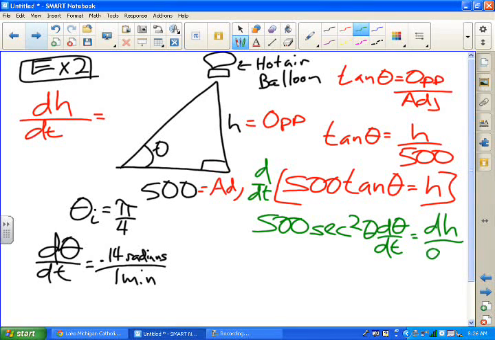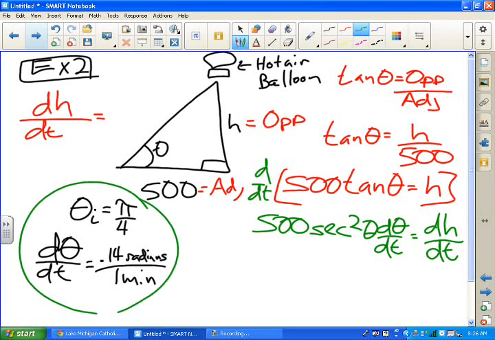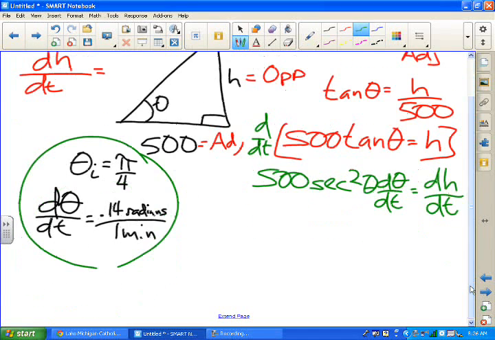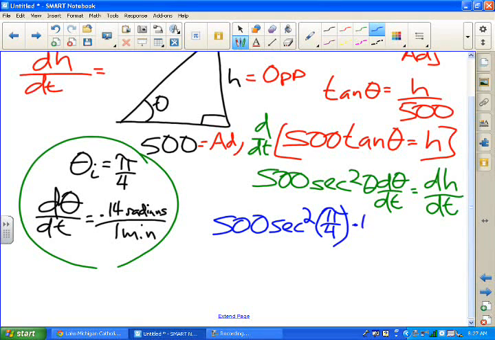So now I have an equation written with respect to dh/dt. Now I just have to plug in the numbers and I'll get a numerical value for the rate of change of height. So 500 secant squared of pi over 4 times 0.14. I could list the radians per minute, but I'm going to omit that. In fact, let me erase that real quick because we'll talk more about unit conversions in a second.